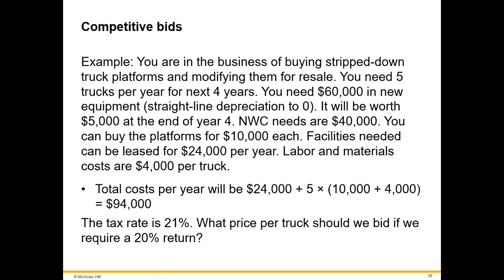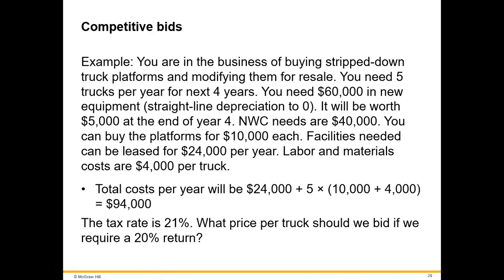You are in the business of buying stripped down truck platforms and modifying them for resale. You need 5 trucks per year for the next 5 years. You need $60,000 in new equipment, with straight line depreciation to 0. It will be worth $5,000 at the end of year 4.